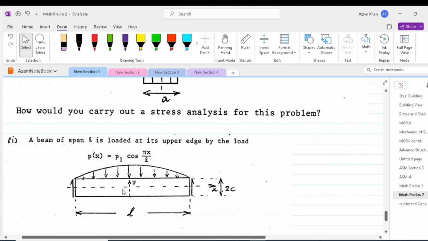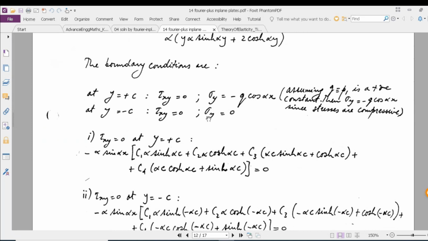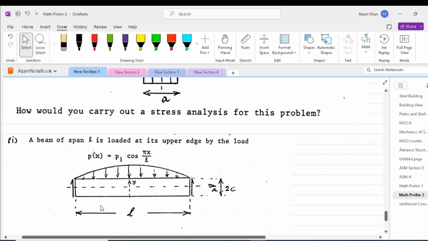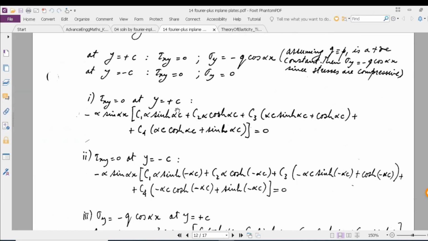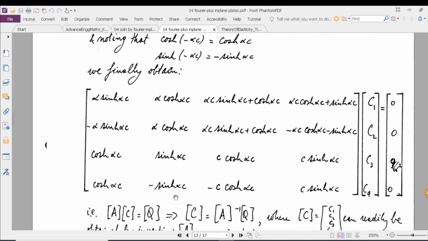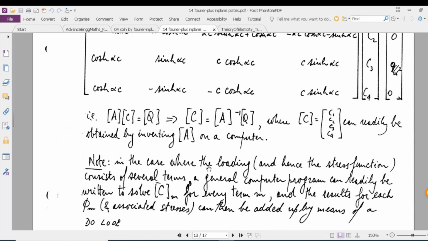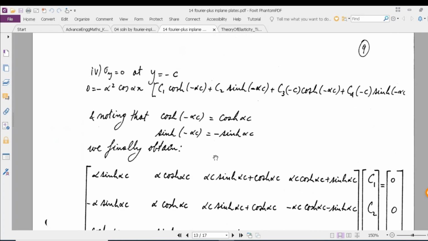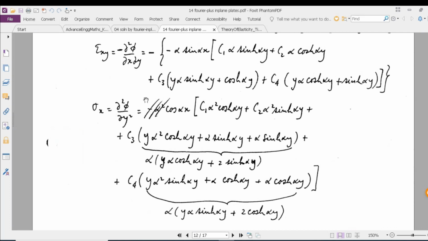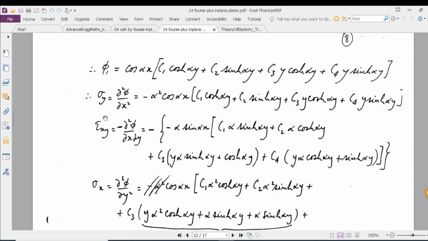Noting that in this case, we are taking the x-axis in the horizontal direction and the y-axis vertically up. Therefore, sigma y is equal to 0 at the lower boundary. As we can see, there is no load applied at the lower boundary. 4 equations and 4 unknowns will give us constants C1, C2, C3 and C4. We'll plug back these constants in the Airy stress function and work out our stresses.